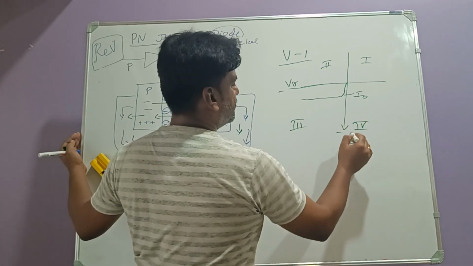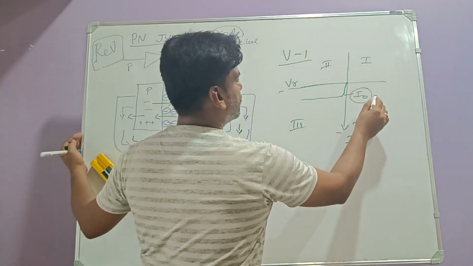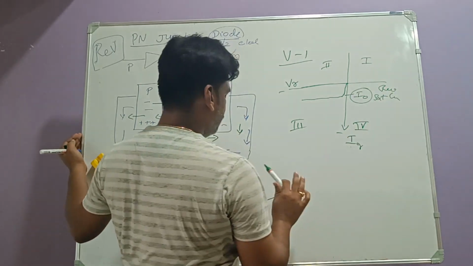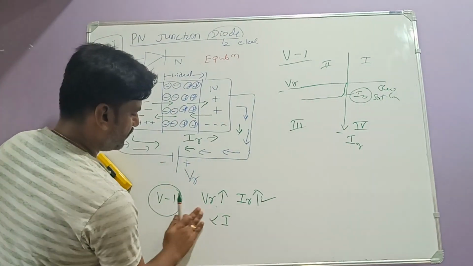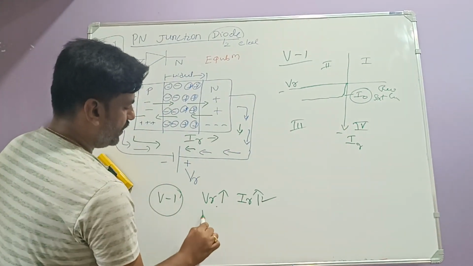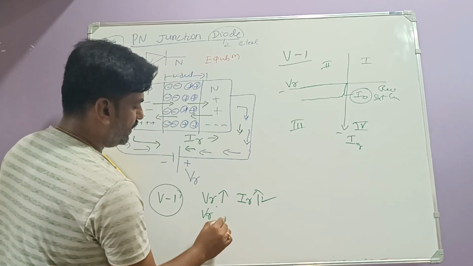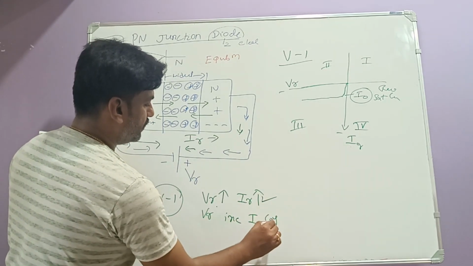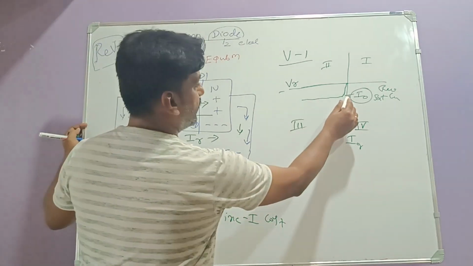This current we call the reverse saturation current. So it will be constant after some initial VR voltage. If you try to increase VR, the current I stays constant.